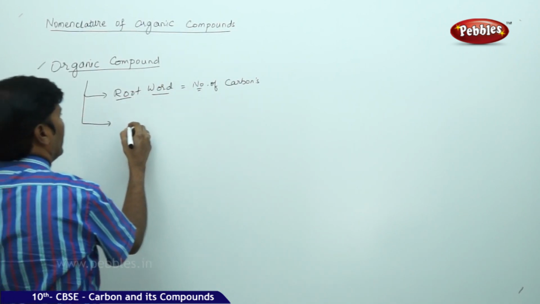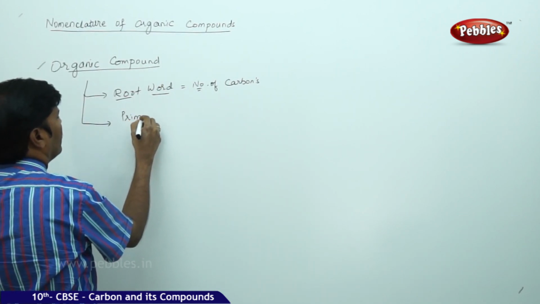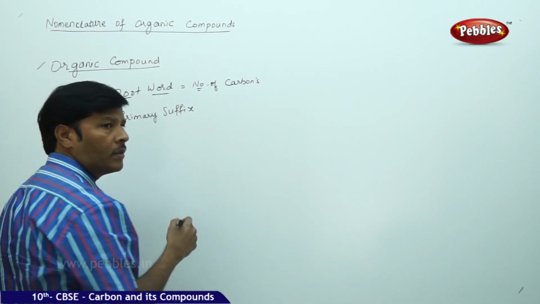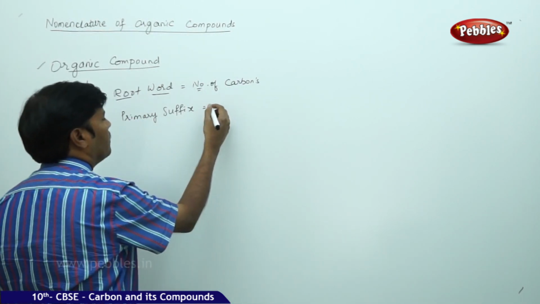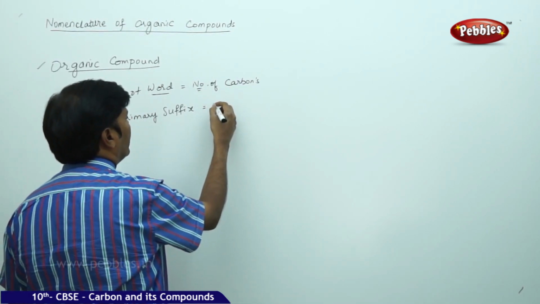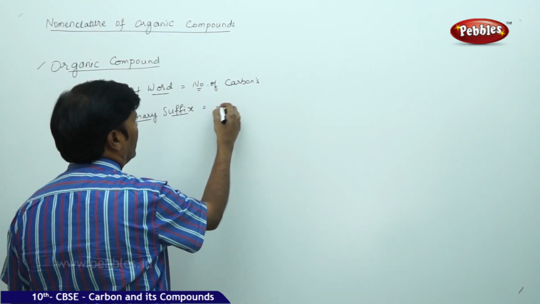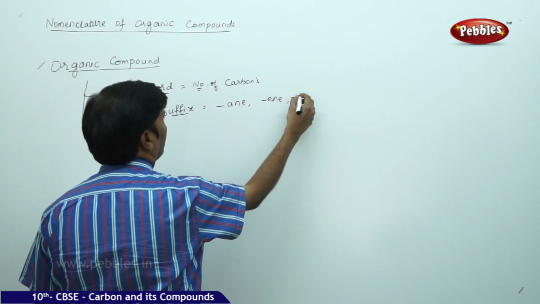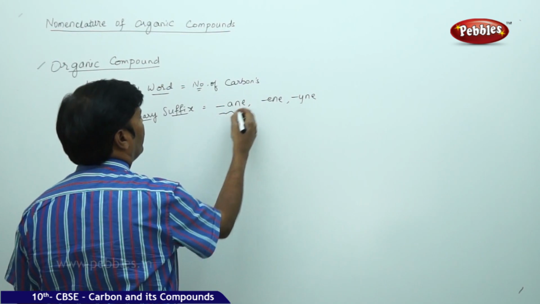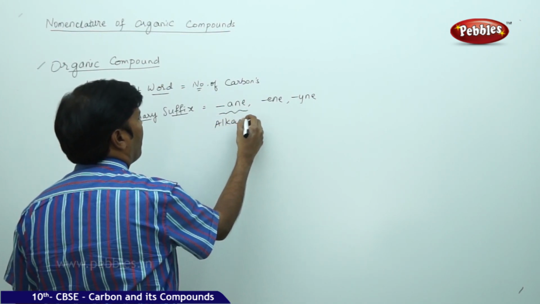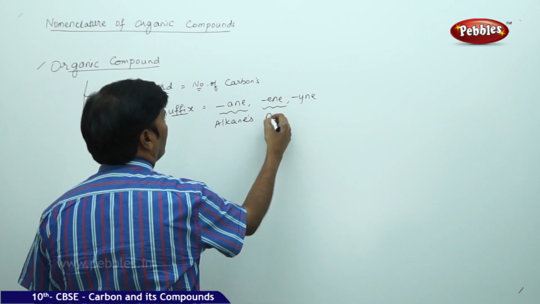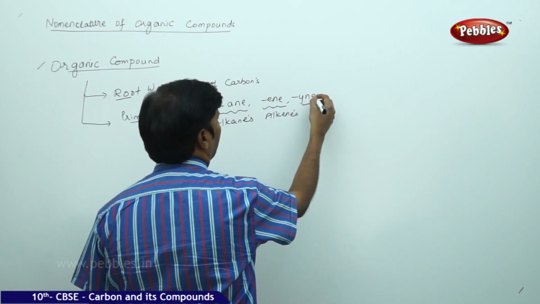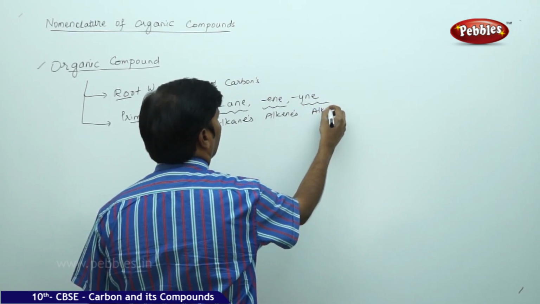Then an organic compound is made up of a primary suffix. The primary suffix can be "-ane", "-ene" or "-yne". "-ene" stands for alkenes, and "-yne" stands for alkynes.